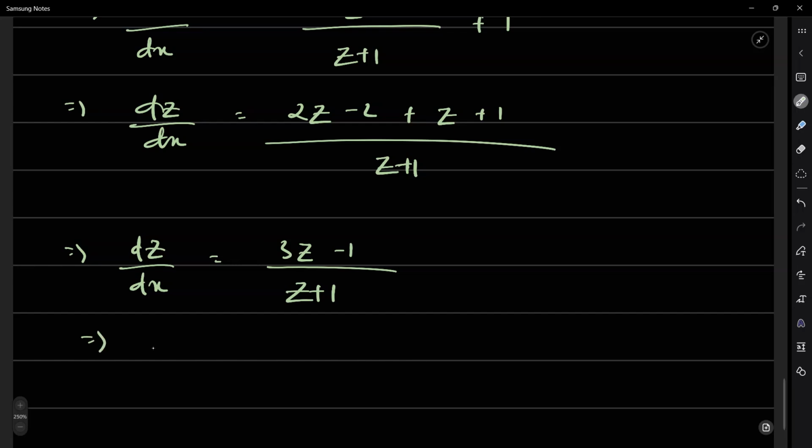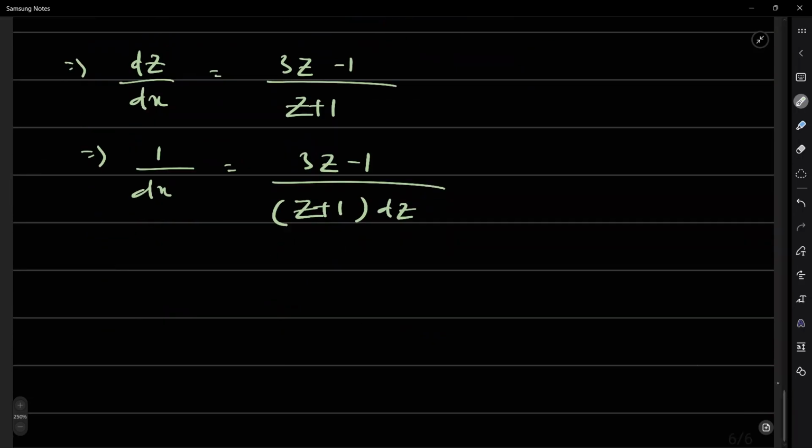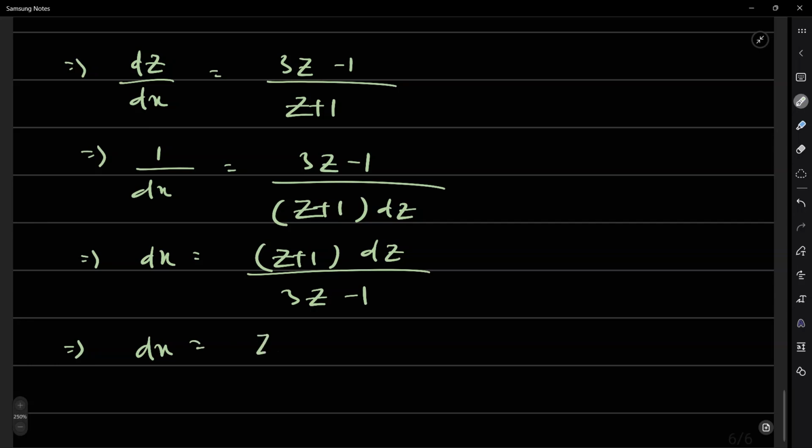So just variable separable method. Dz is multiplied by here. If we reciprocate them, dx is equal to z divided by 3z minus 1 plus dz by 3z minus 1.